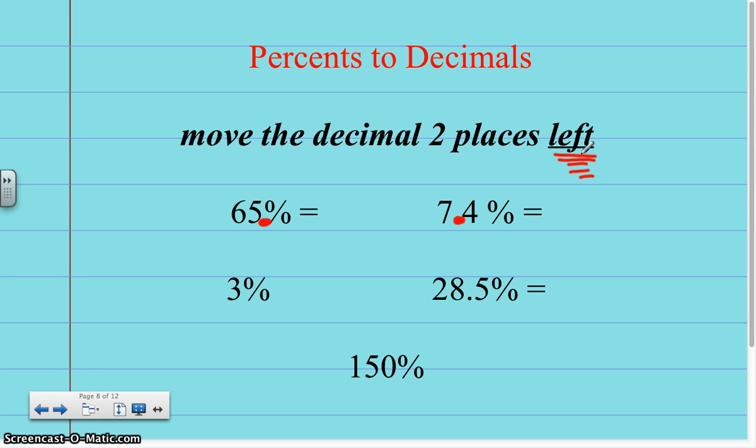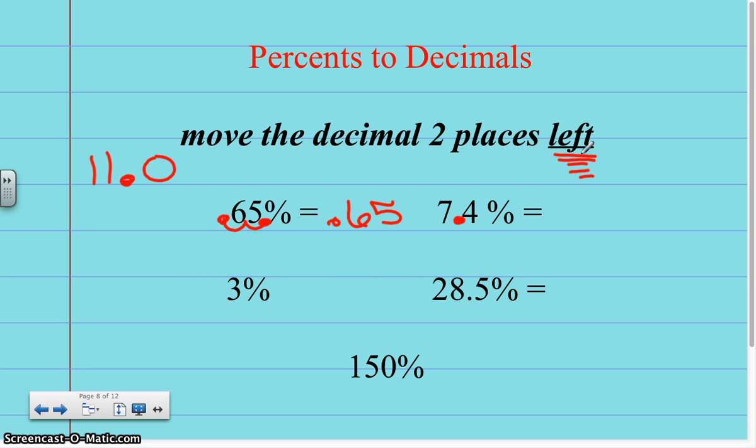Any whole number can be written, like my daughter's age, 11, I can get technical and say she's 11.0. So if we convert here, we move 65 two spots to the left, and we get 0.65. So 65% as a decimal is 0.65.